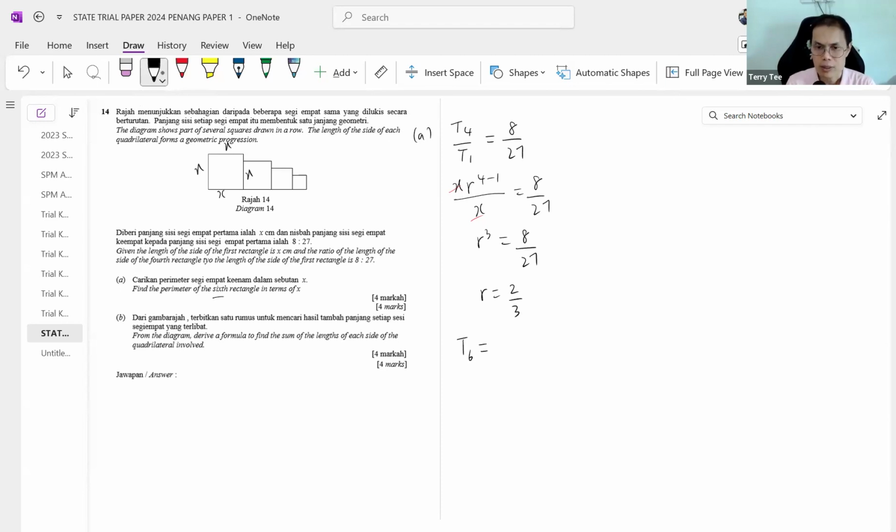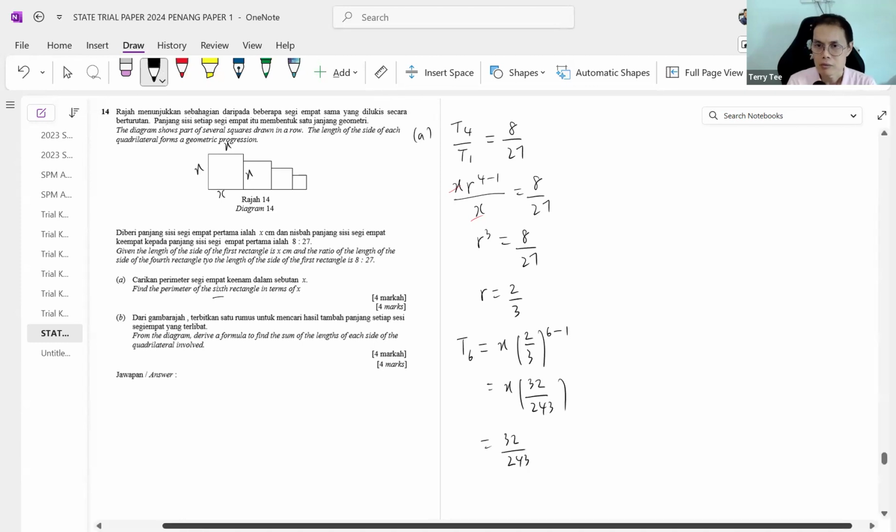It is A, which is x, times R, which is 2 over 3, power n minus 1, so power 5. 2 power 5 is 32, and 3 power 5 is 243. You can use your calculator.